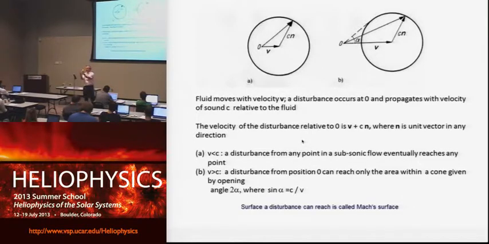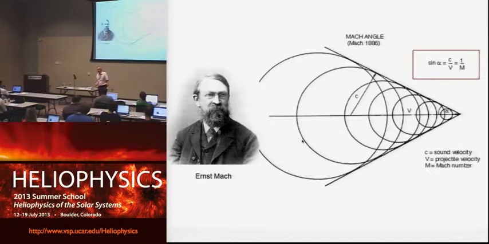It creates the disturbance, which goes out at the sound speed, and in the time that it's got to a certain distance, the disturber, the obstacle, has actually moved beyond that sphere of influence. And when you then think about putting together a whole sequence of these little disturbances, you end up with something that's called the Mach cone.